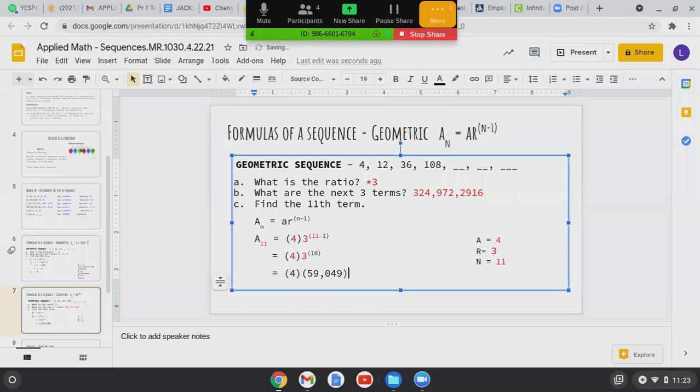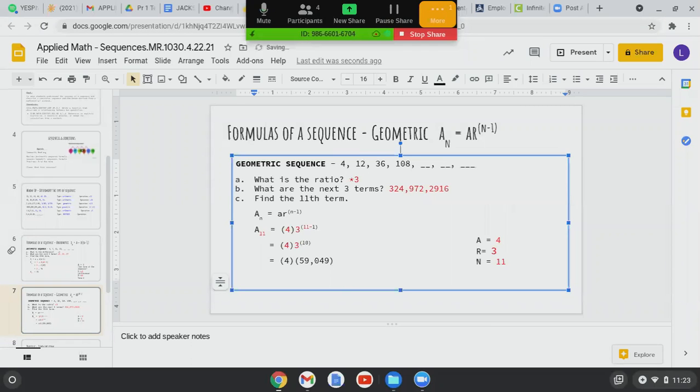And when you multiplied that by 4, you got what? 236,196.